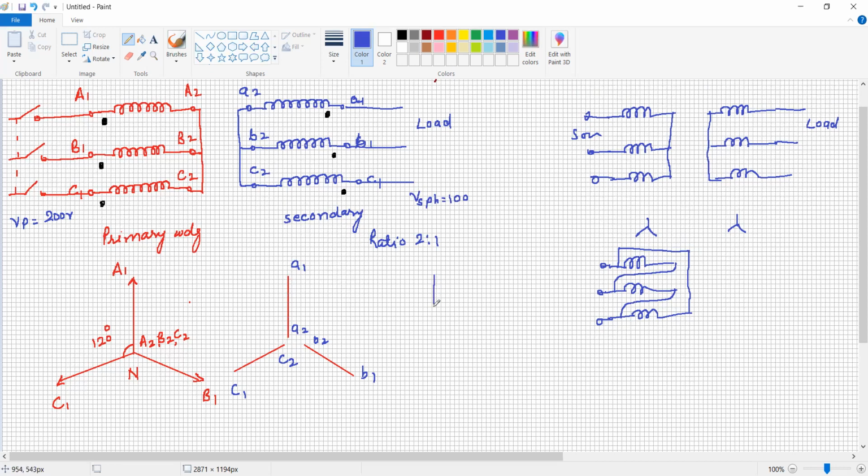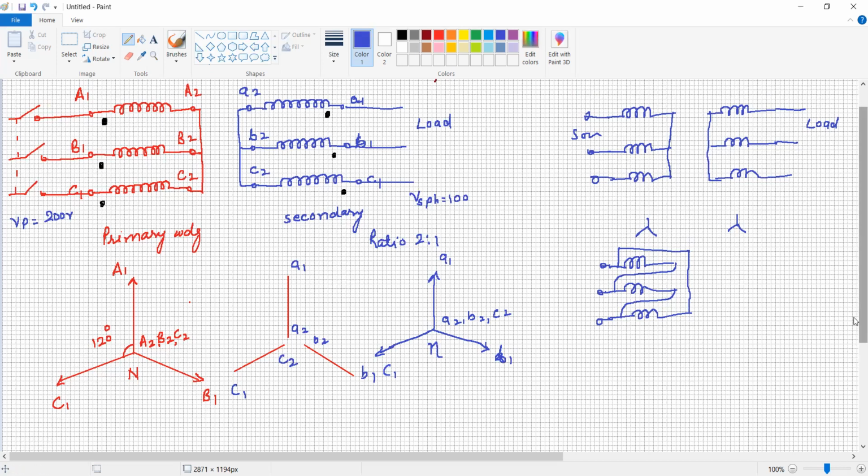They can be joined together in such a way that it forms a star connection. This is the vector way: A1, B1, C1, and here A2, B2 and C2, and the neutral of the secondary winding is denoted by small n. So this is the right way to do the three-phase star-star connection in a three-phase transformer.